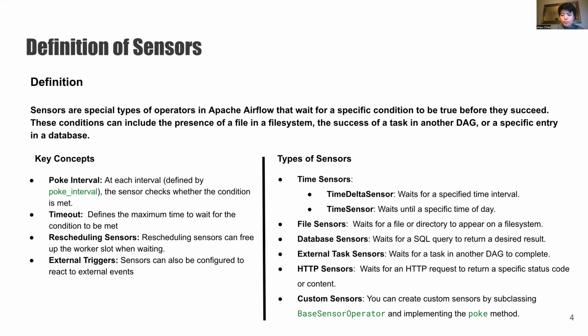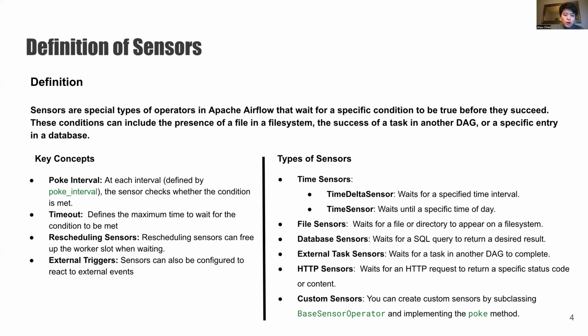This is done by pushing the sensor back to the scheduler for rescheduling, reducing the load on the worker. Then external triggers: sensors can also be configured to react to external events, such as a message in a queue or a specific file creation event, using more advanced integrations.